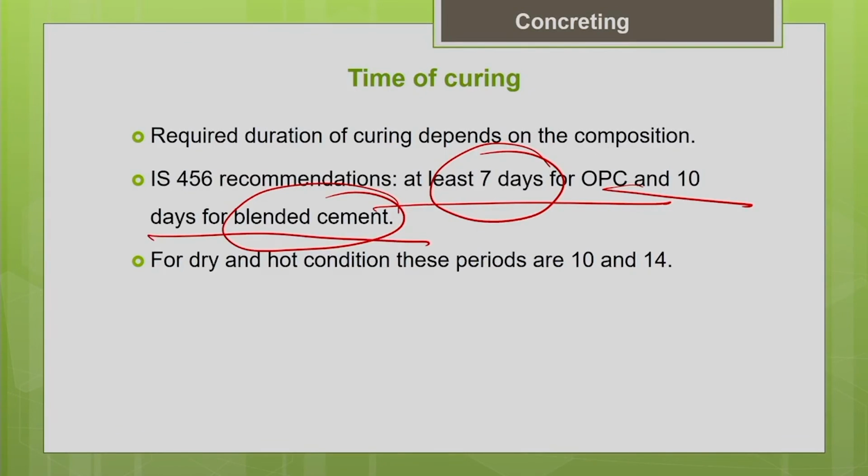These are the guidelines available in IS 456. Also, it depends upon the environment. For very dry and hot conditions, you can extend the duration further from 7 to 10 days and from 10 to 14 days for very dry and hot places.